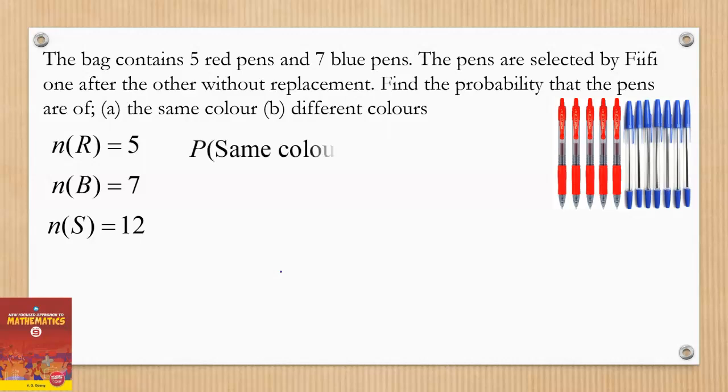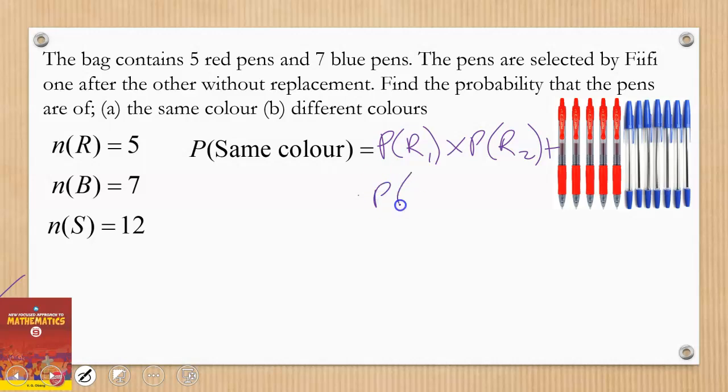Now the question wants us to find the probability that when we pick one after the other without replacement, both will have the same color. So if both are of the same color, it means that either the first one is red and the second one is also red. Or means plus again, the first one being blue and the second one also being blue.